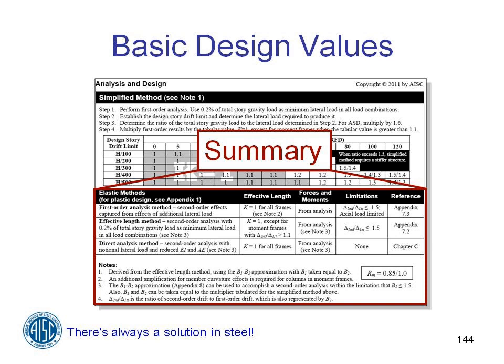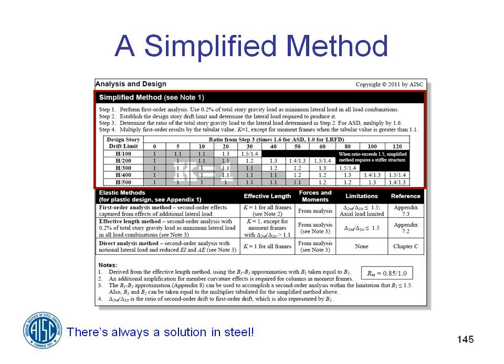The other thing that's on that basic design value card is a simplified method. Okay? Now this table, the one on the top of that basic design value card, is also available as table 2-1 in the 14th edition manual.